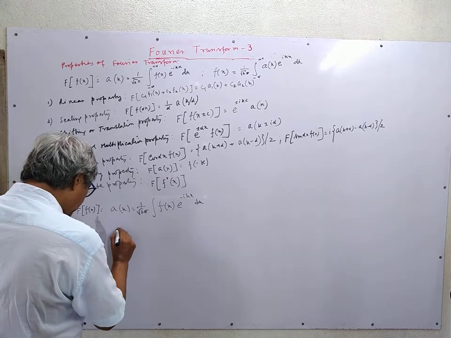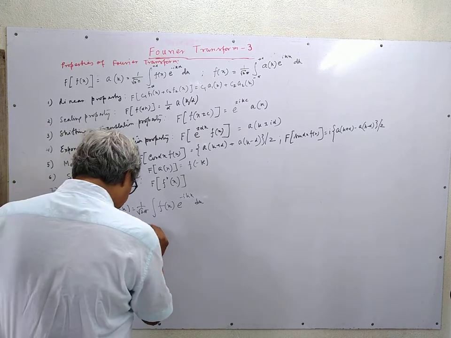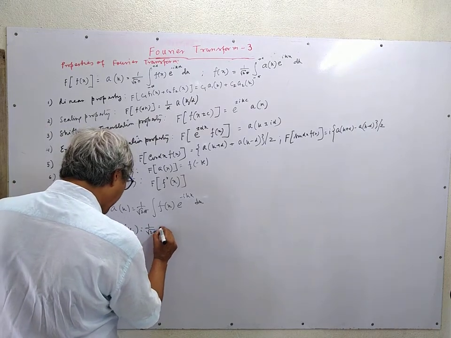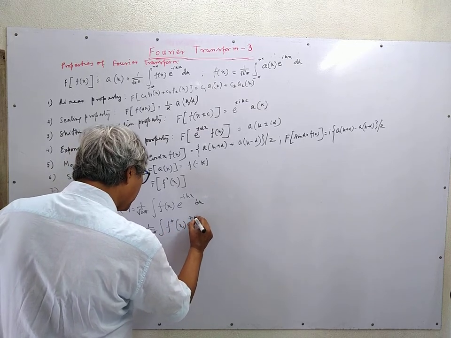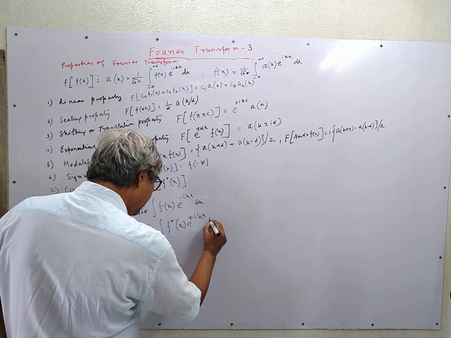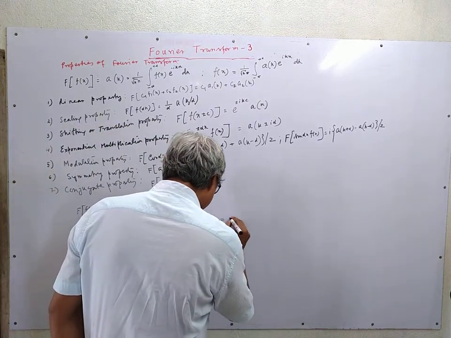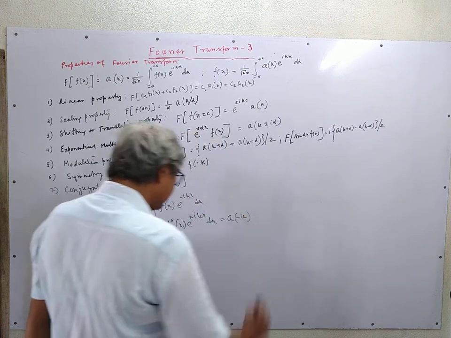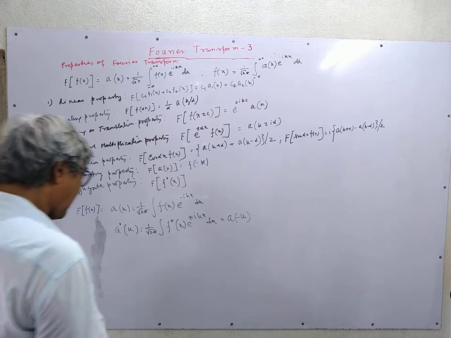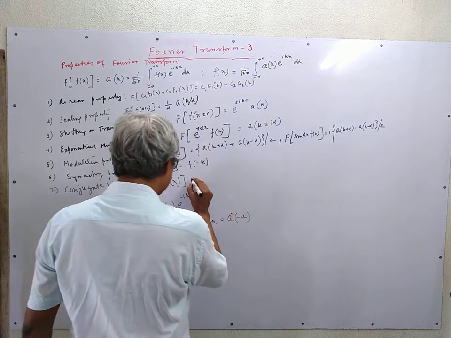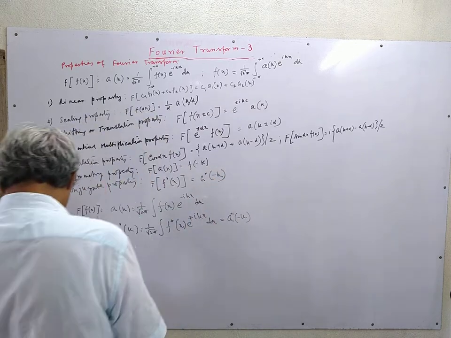If we take complex conjugation, then we get A star of k, and on the right hand side we will have 1 upon root 2 pi, integral of f star of x e to the power plus I k x dx. This is simply the Fourier transform of f star, which is A star of minus k.